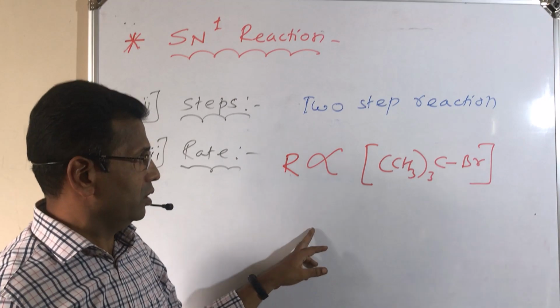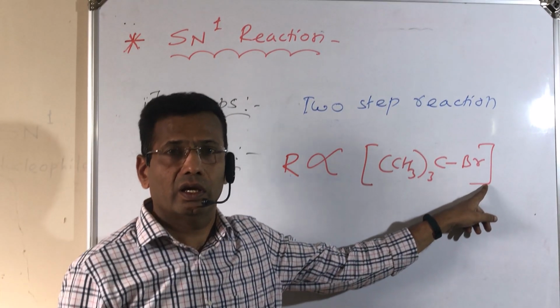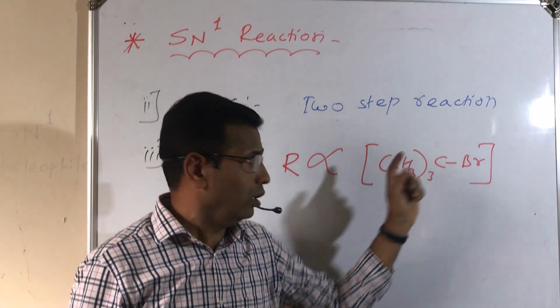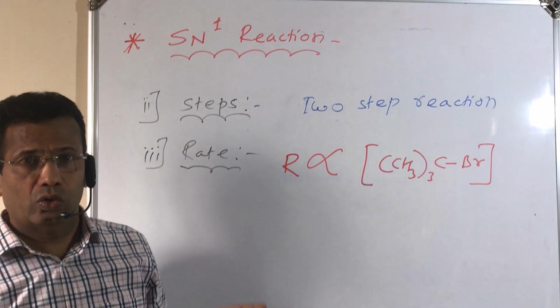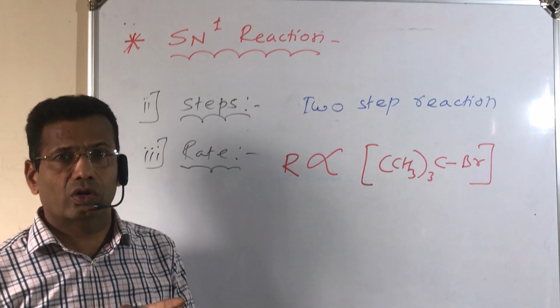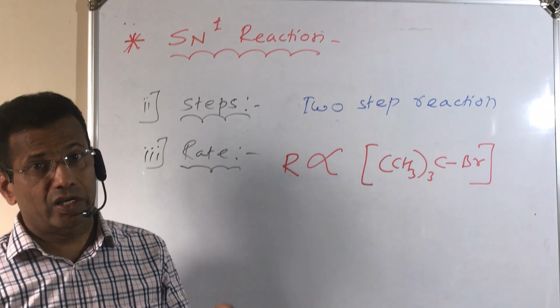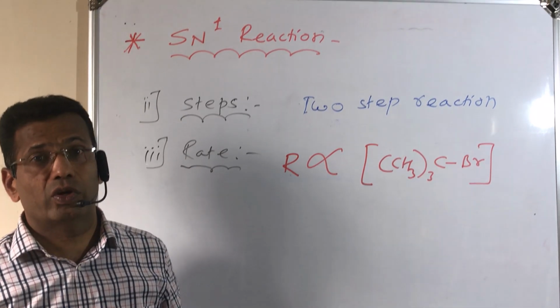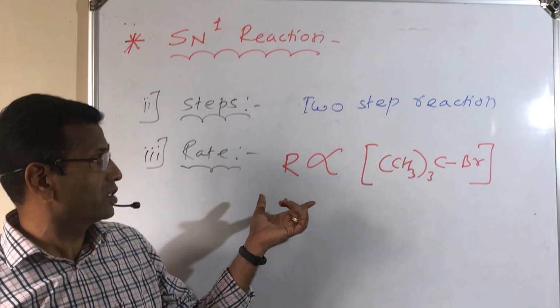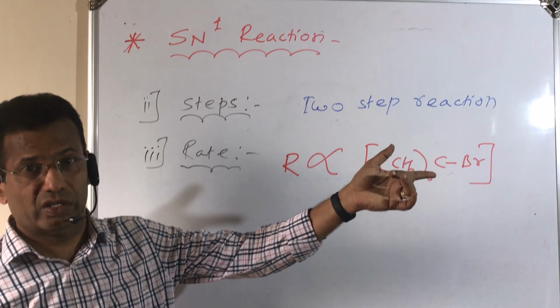If we increase the concentration of tert-butyl bromide, then the rate of reaction will increase. So here, unlike SN2, the rate is independent of the concentration of OH minus ion. In SN2, the rate depends on the concentration of OH minus ion. In SN1, the rate is independent of the concentration of OH minus ion.